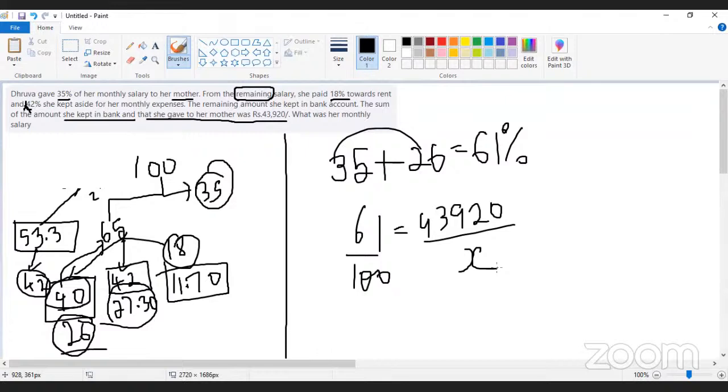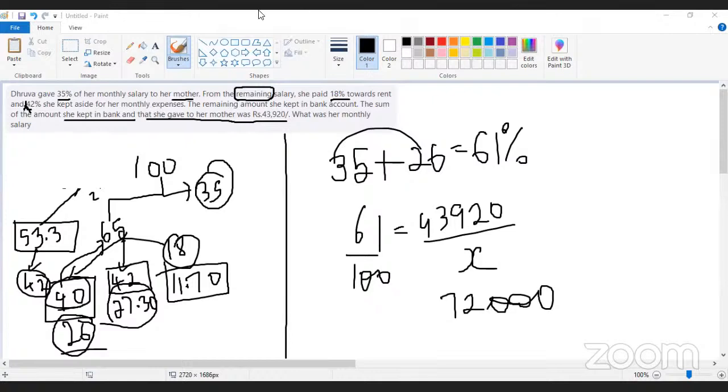Yes, that's it. Her salary was 72,000. Got it, Pranita? Okay. Next question. Thank you for your options. Yes, 72 is there. That's fine.